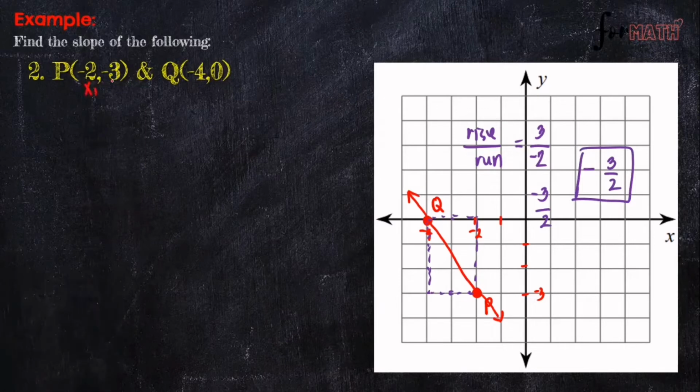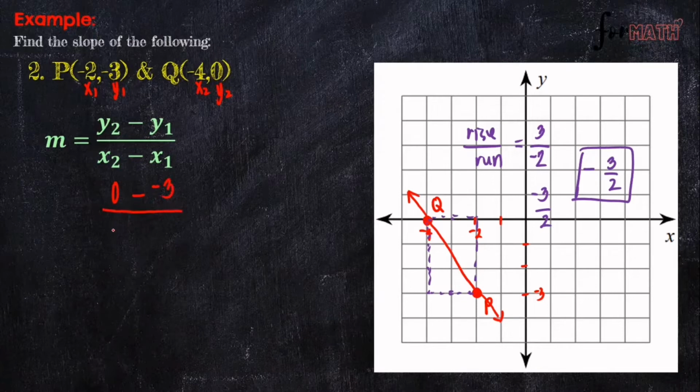So, let's say, ito yung x sub 1, y sub 1, x sub 2, y sub 2. Okay? Pwede po nyo yan palitan. Like, ito yung x sub 2 nyo. Ito yung y sub 2. Ito yung x sub 1. Ito yung y sub 1. So, pwede pong magkabalik. Okay, so we have our y sub 2, which is 0, minus y sub 1 ay negative 3, all over, x sub 2 natin ay negative 4, minus, ang ating x sub 1 ay negative 2.